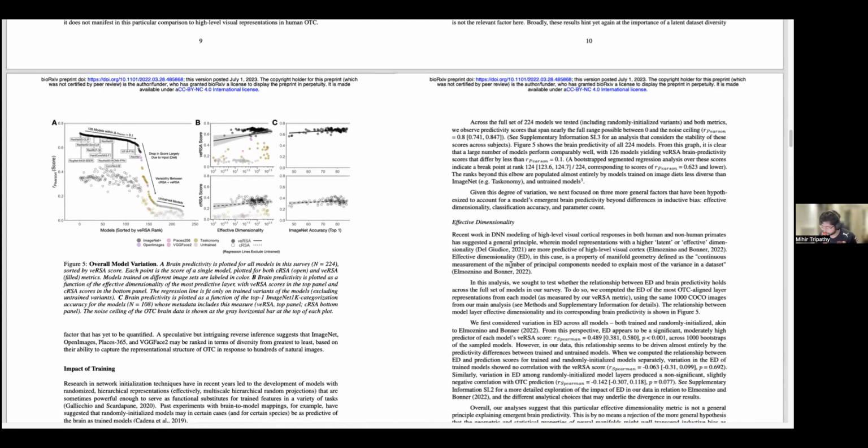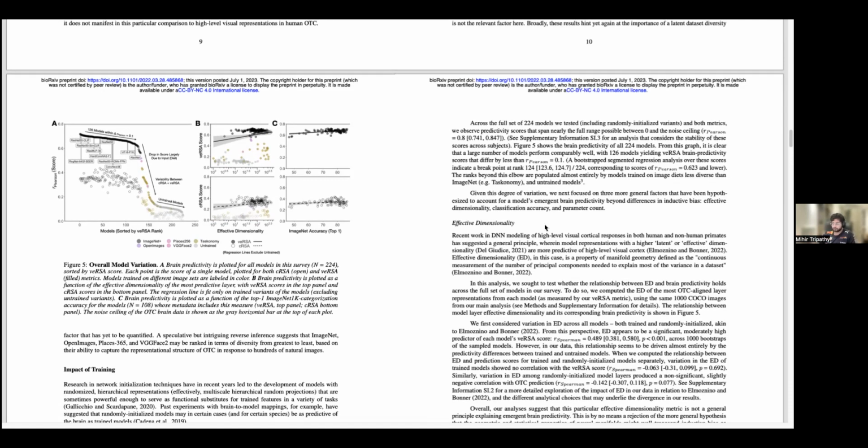They also tested if the effective dimensionality of the representations plays a part in getting a higher Pearson score on brain predictivity.